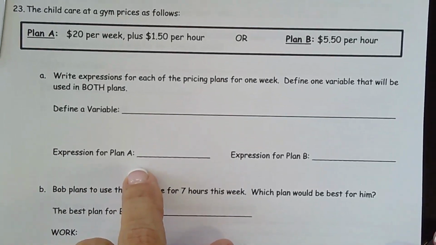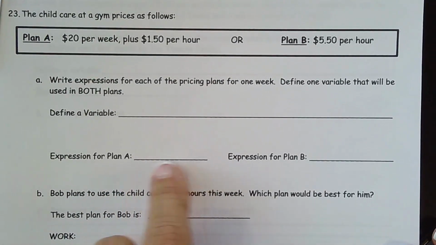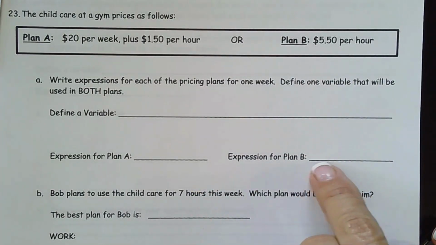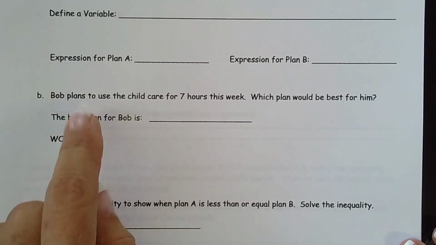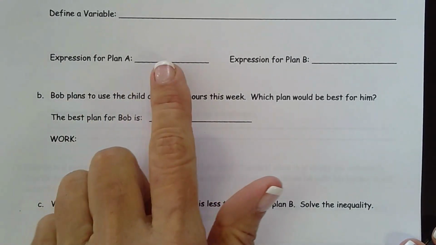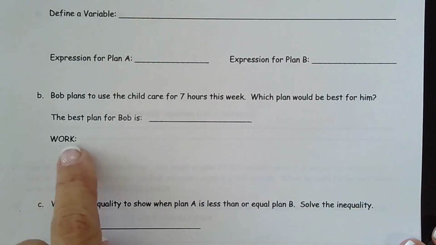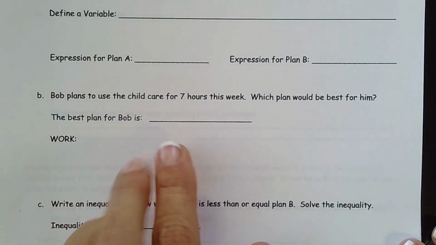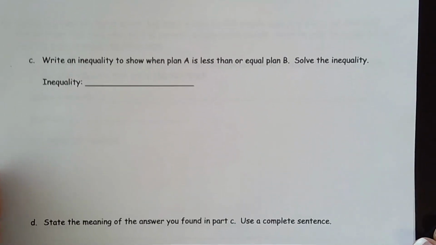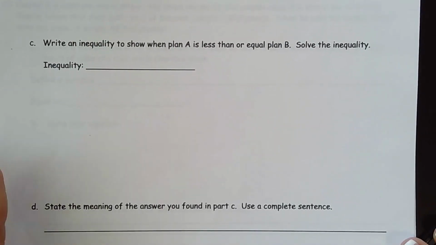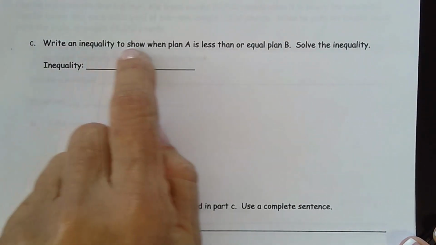Then write the cost for plan A, the expression here, and then the expression for the cost of plan B. Then you have one problem where you have to decide which plan is best for Bob. So you'll use your two expressions here, show your work, and then decide which one's best. And last, just like on the former problem, write an inequality.